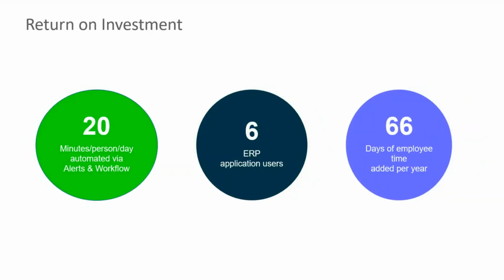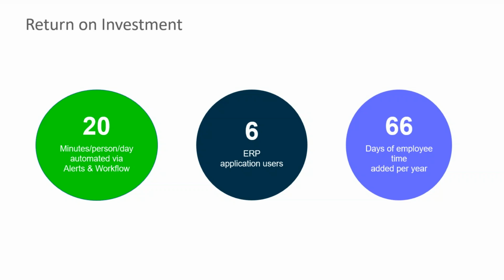Finally, from an ROI perspective, in terms of using Sage Alerts and Workflow to automate so many of those tasks or parts of tasks that you're currently doing manually, whether it's things like invoicing, order confirmations, running reports, looking for and responding to anomalies or exception management, we're able to quantify an average savings of 20 minutes per day per ERP software user.